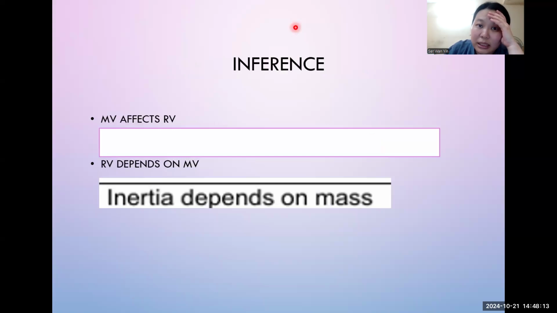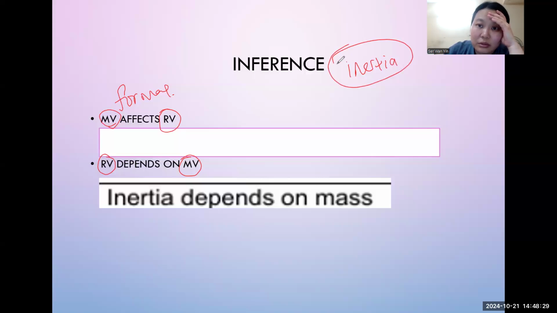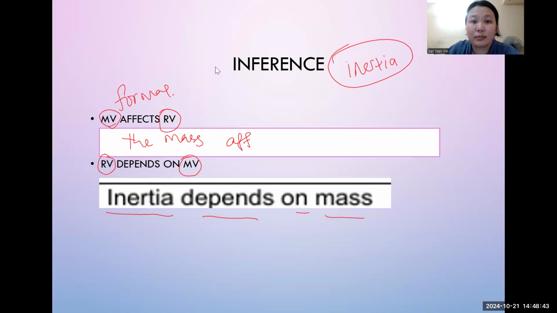Inference. Normally how do we write the format? The format is like this: MV affects RV, or we say RV depends on MV. So if it is inertia, we say inertia depends on the mass, or we say the mass affects inertia.